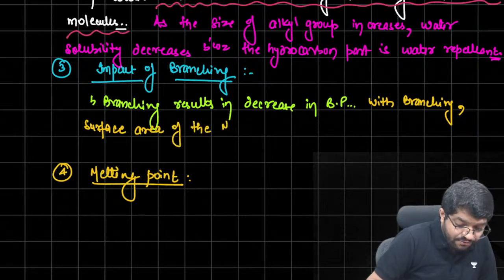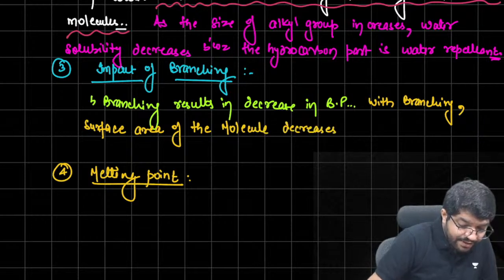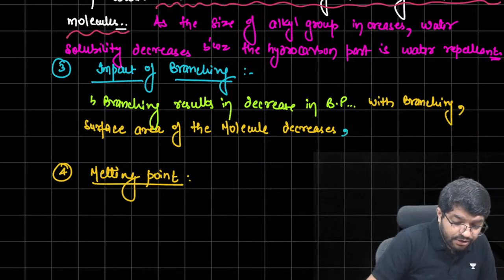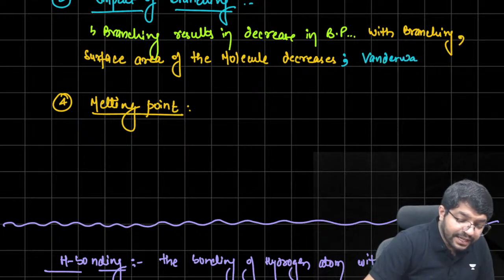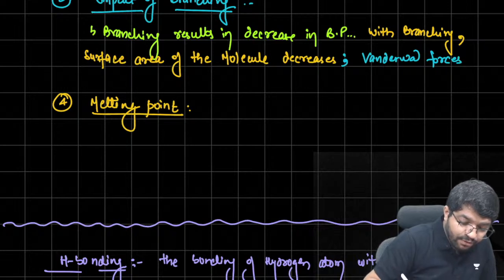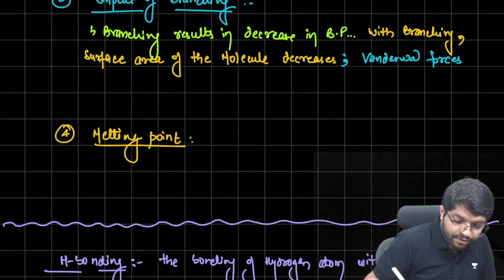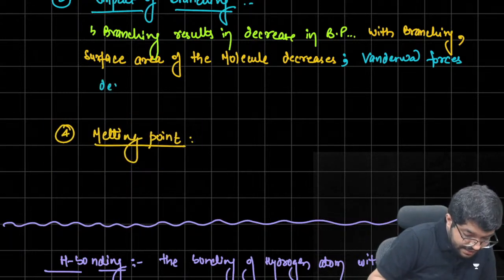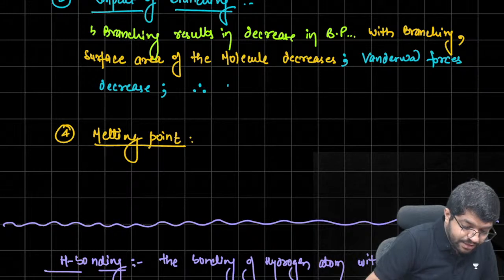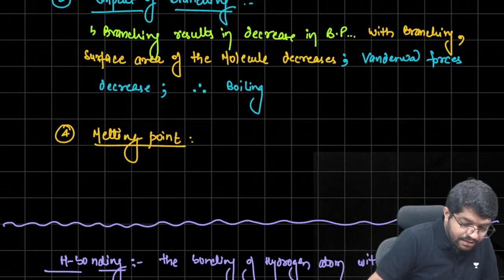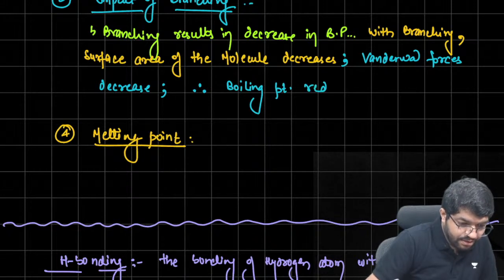Area decreases means van der Waals forces decrease, and therefore the boiling point reduces.